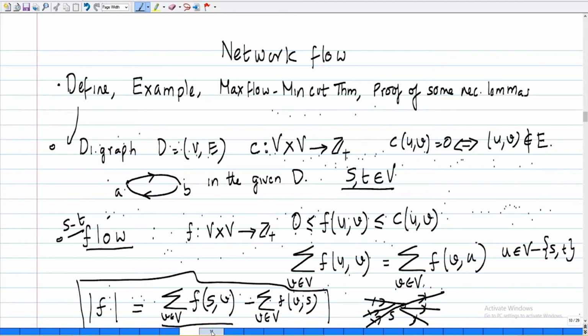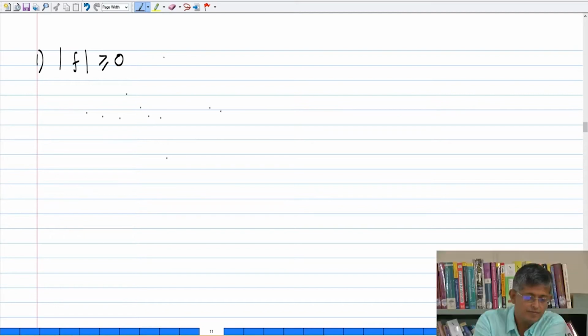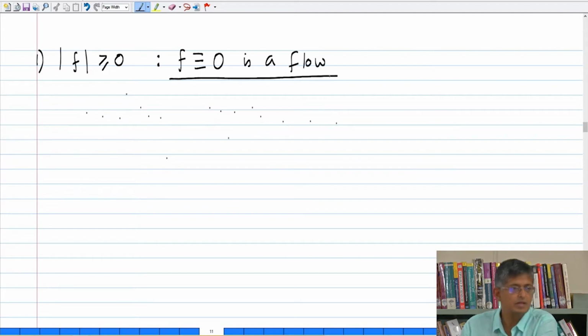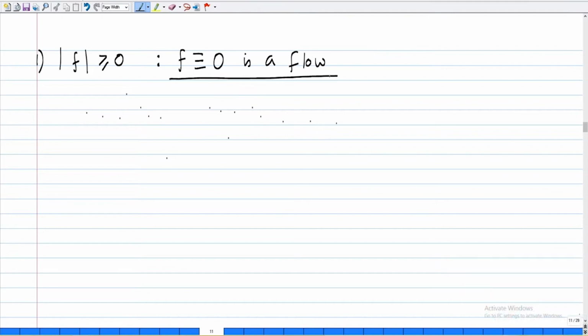Right. So let's observe one small property before we go to the example. Observe that the function which assigns the flow value 0 to every edge is indeed a valid flow as per the definitions.